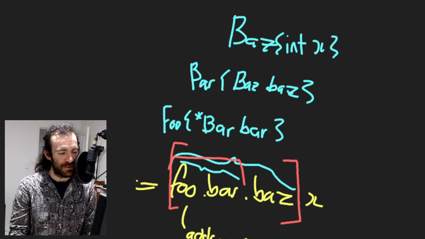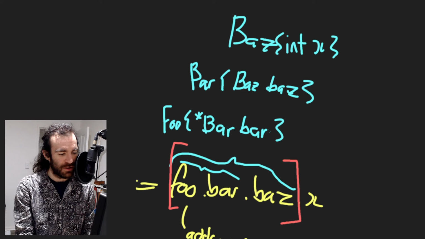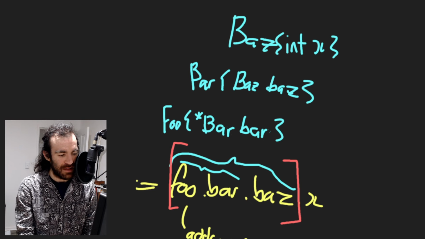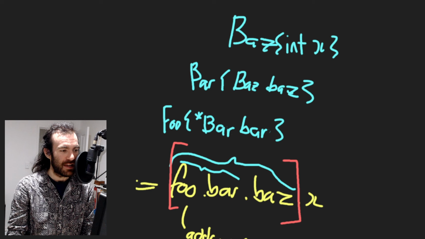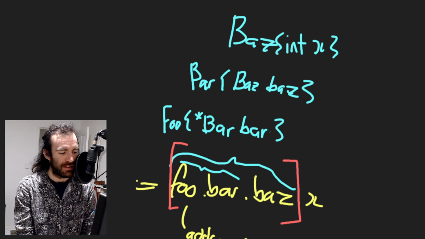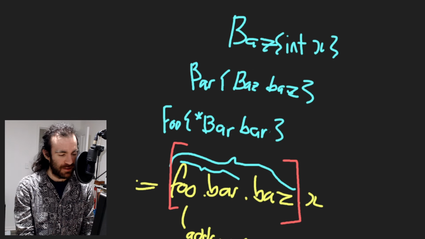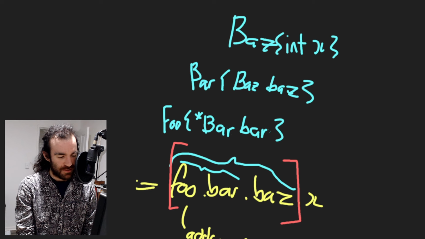But this is a pointer to a bar, so we need to do a dereference. So we need to say, the type of the left-hand side. If type is pointer, then I want to deref before I add the offset. I want to add an instruction.